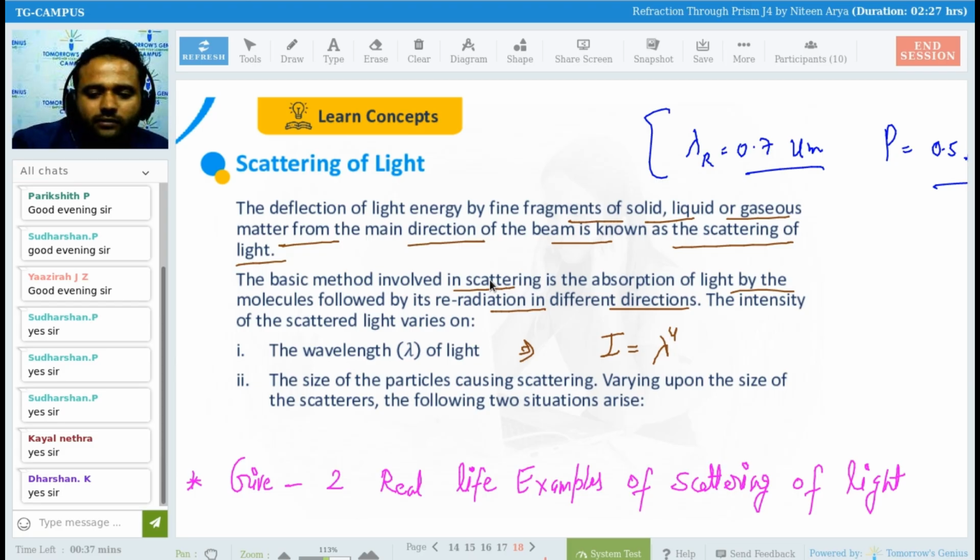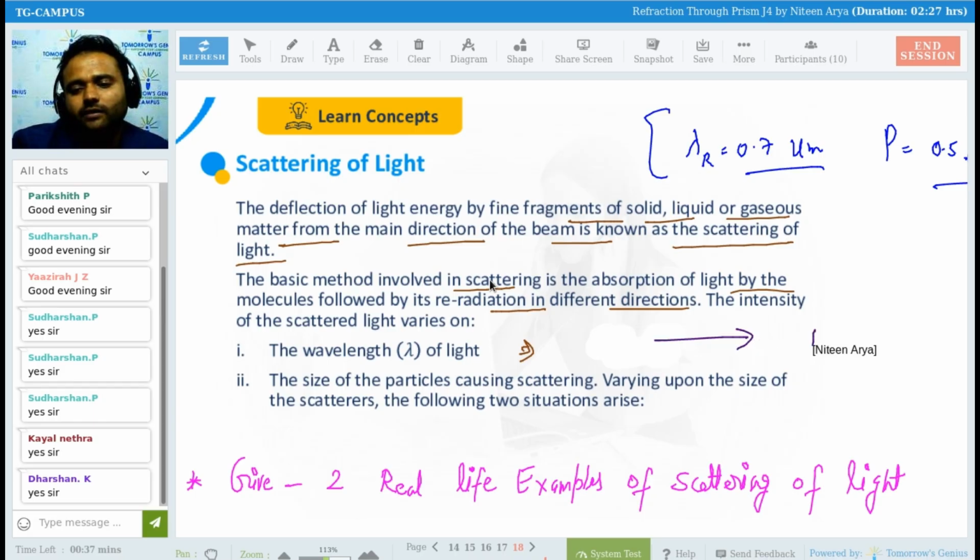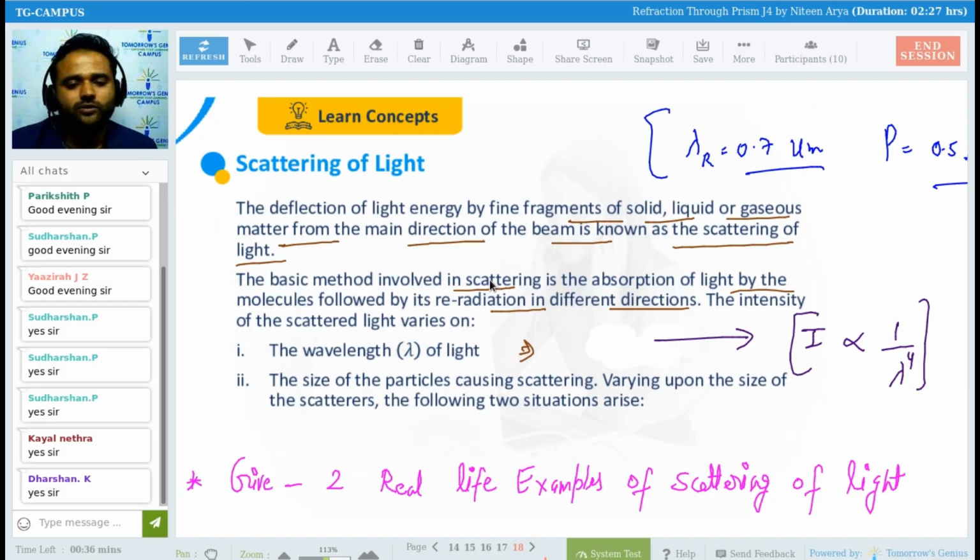Not directly. So according to the Rayleigh scattering formula, the intensity of scattered light, I, is directly proportional to 1 by lambda to the power 4. That is your Rayleigh scattering formula. Okay, so intensity of light is going to be this much.